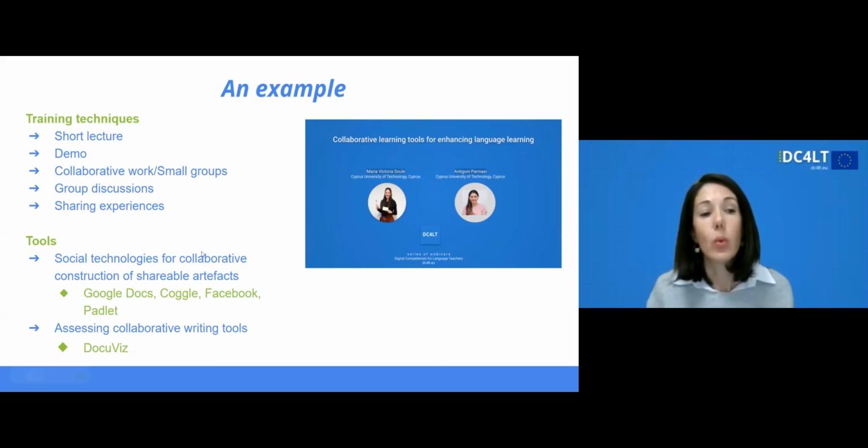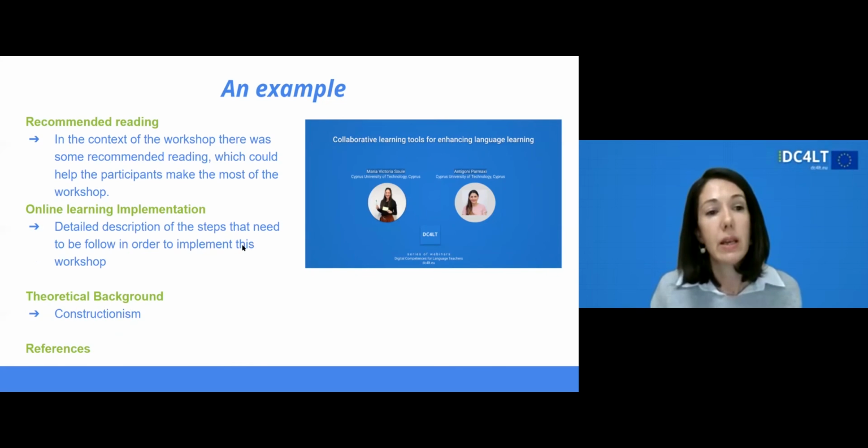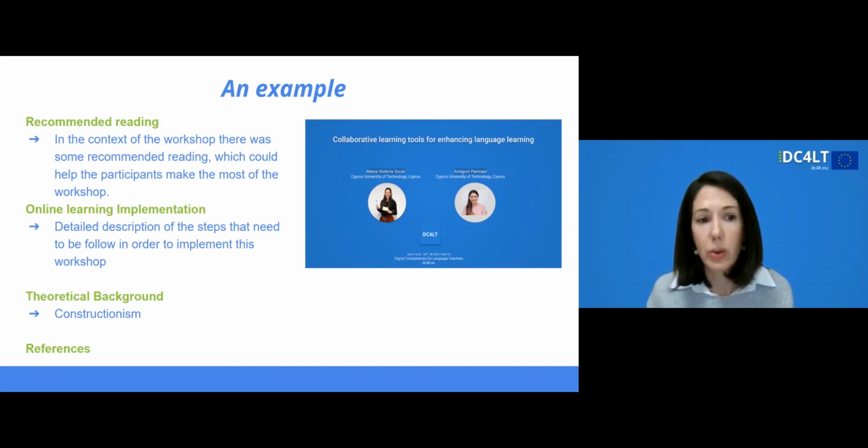Again, in the guide, we include the tools that were used for this workshop, and there is a link for each tool so that the reader can access these tools and obtain more information or get access, if the reader wants to use it for their classes. Again, it has recommended readings. In the context of the workshop, there was some recommended reading, as I said before, which could help the participants make the most of the workshop.